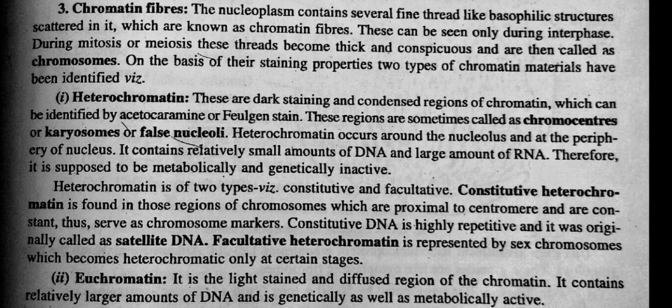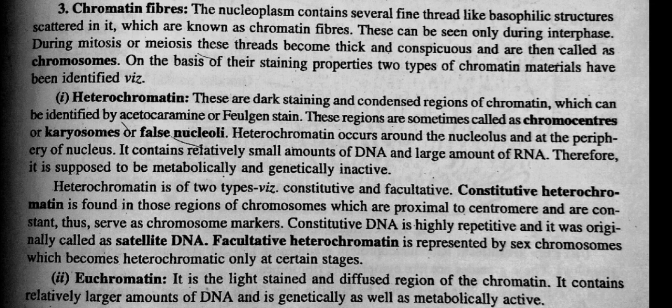These regions are sometimes called chromocenters or karyosomes or false nucleoli. Heterochromatin occurs around the nucleolus and at the periphery of the nucleus. It contains a relatively small amount of DNA and a large amount of RNA. Therefore, it is supposed to be metabolically and genetically inactive.